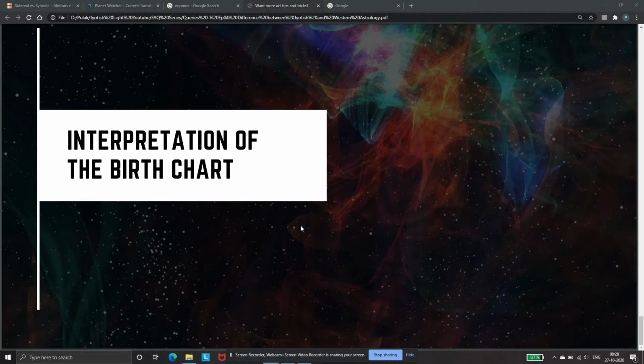In the Western astrology system, the focus is predominantly on the psychological aspect, or the mental makeup of the person, and to a lesser extent, how the current positions of the transits influence a person at any given point of time.